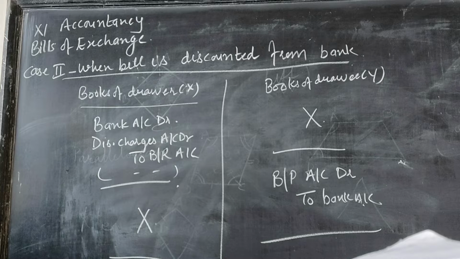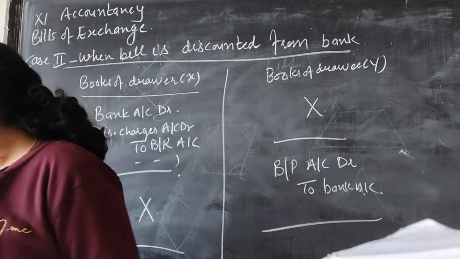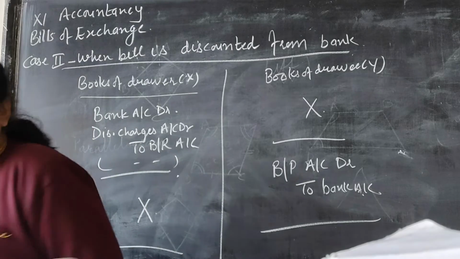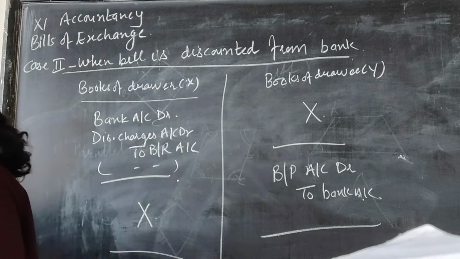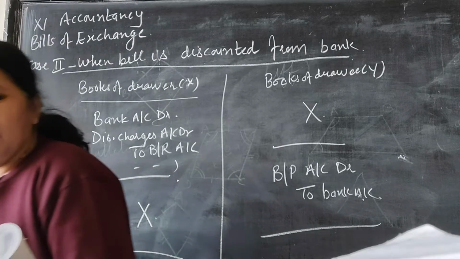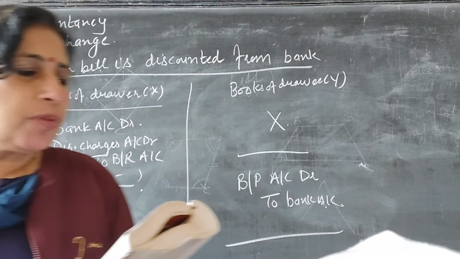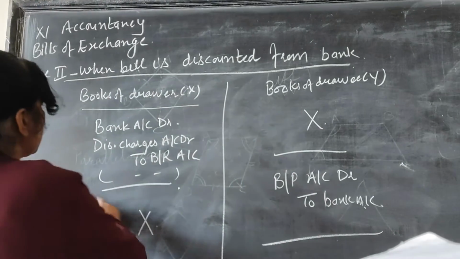On the basis of this we will do practical question number 6 or 7. Practical question number 6A we will do. Vishal sold goods for 70,000 to Manju on January 5, 2019.